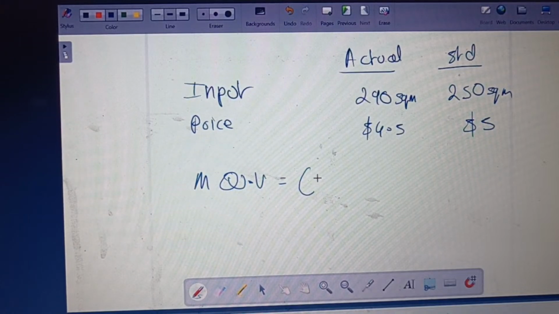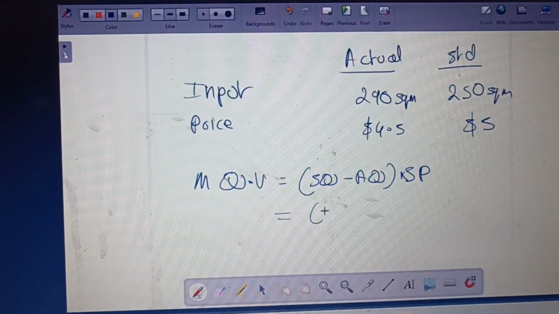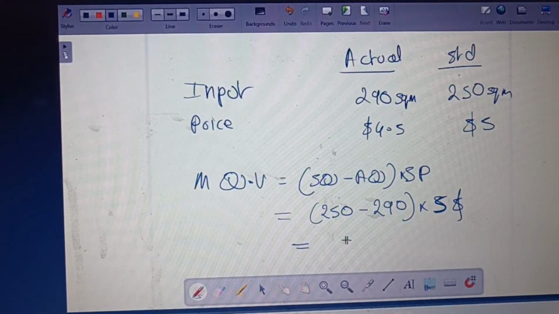Standard quantity minus actual quantity for standard price. Standard quantity is 250 minus 290, multiplied by 5. How much is the answer? $200. Favorable or unfavorable?